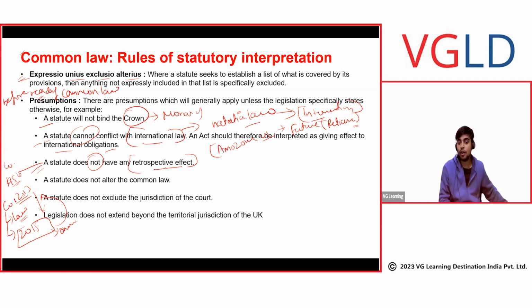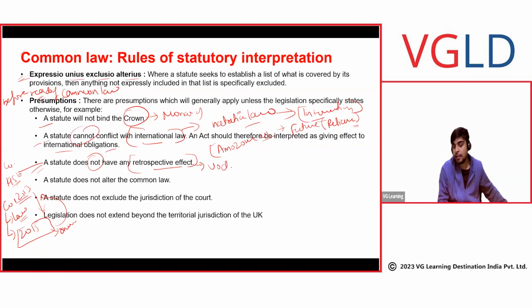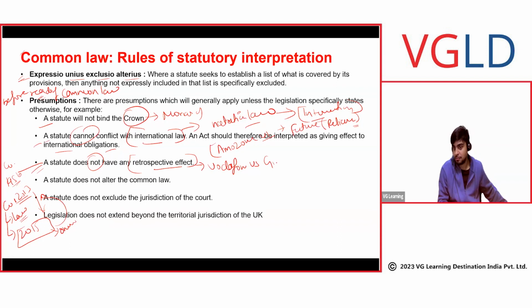But I will tell you a good example here. You guys are finance students, so you should know this news: Vodafone versus Government of India. This was a historical case, Vodafone versus income tax.